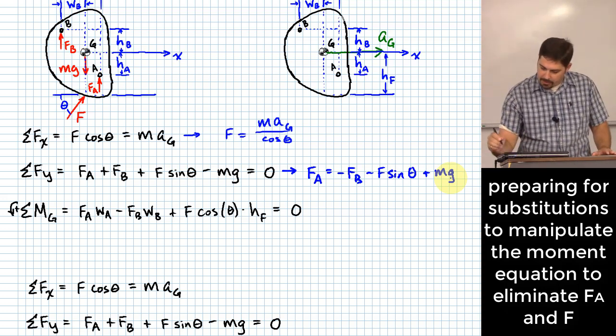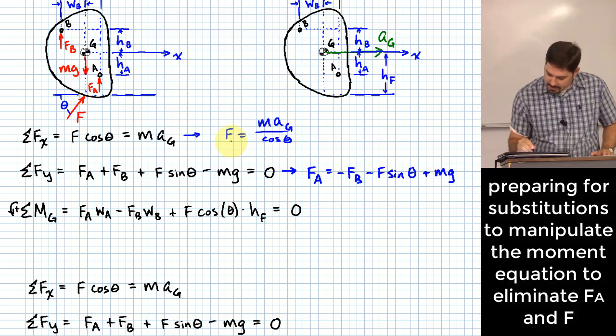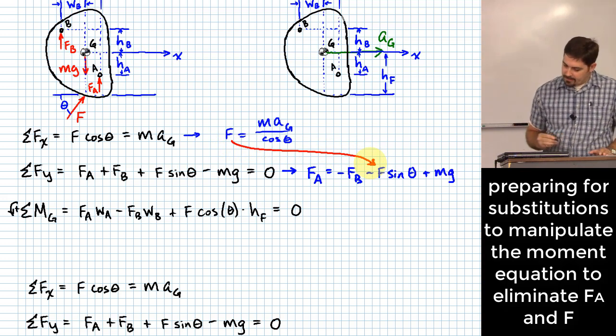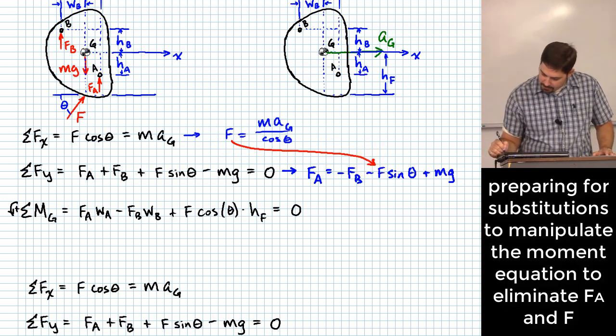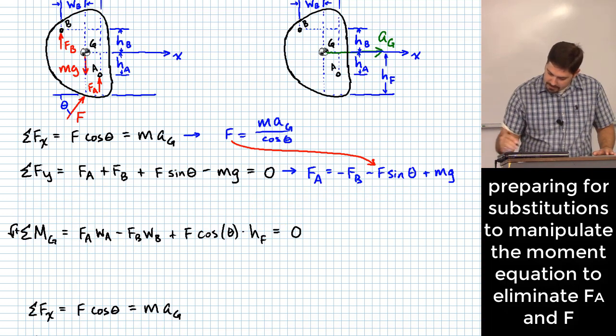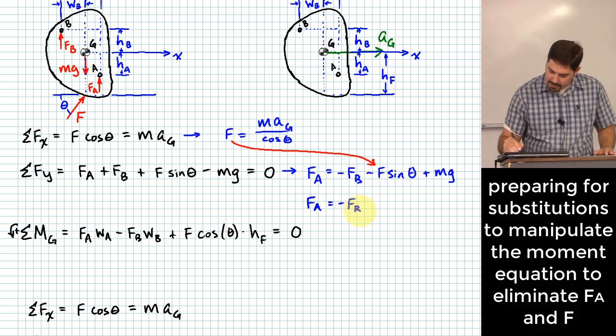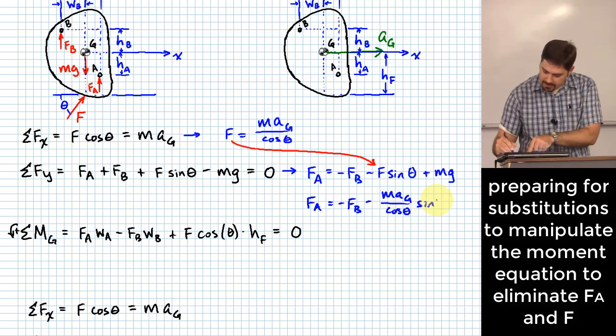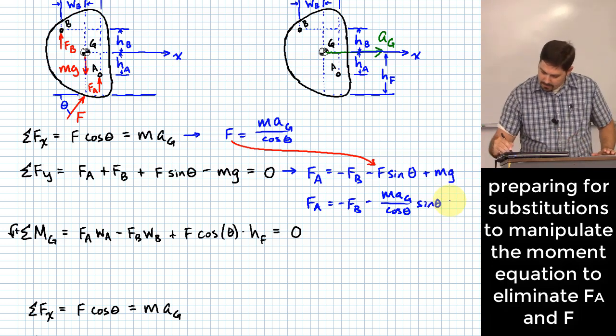So the first thing I want to do is replace this F here. All right, so let me give myself a little bit of room. This equation right here becomes FA is equal to minus FB minus m a sub g over cosine of theta times the sine of theta plus mg.